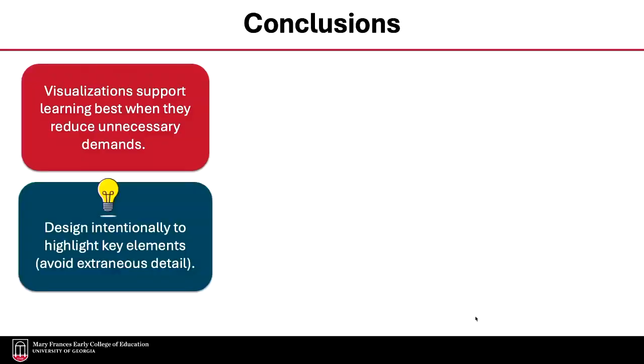And we can think about how to apply this by designing to highlight those key elements, whether through multimedia principles of signaling and how we're organizing the drawing, but really thinking about how we're highlighting the structure rather than focusing on just increasing the realism or aesthetics.